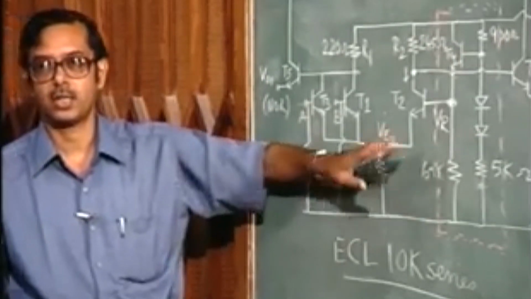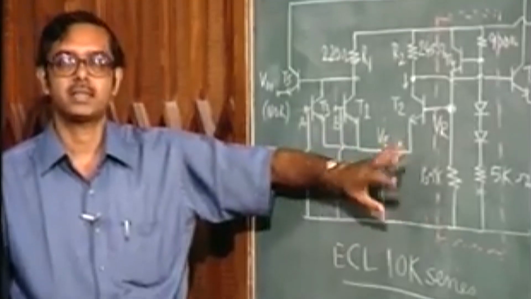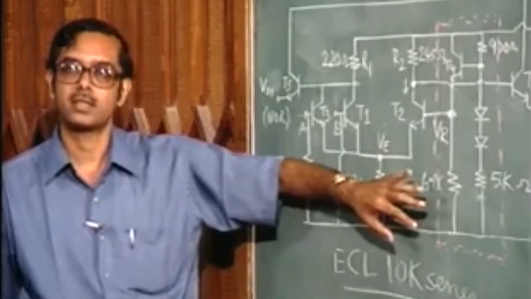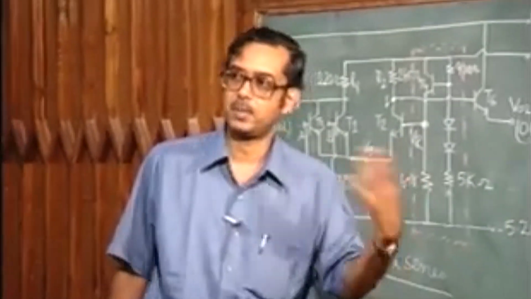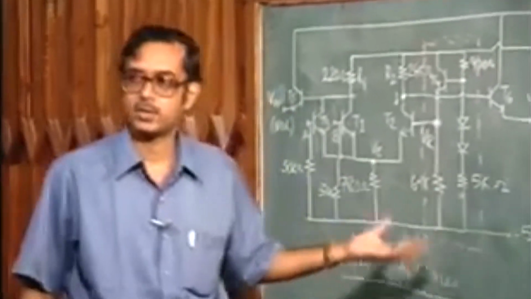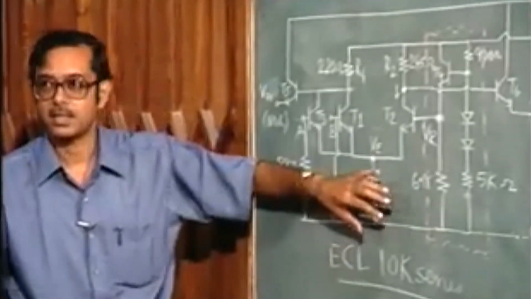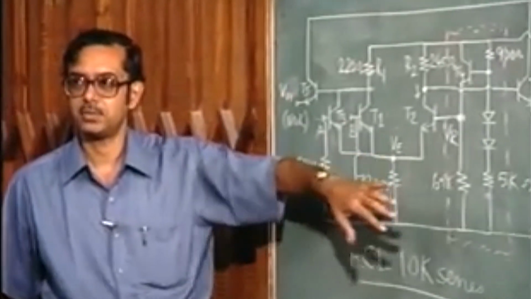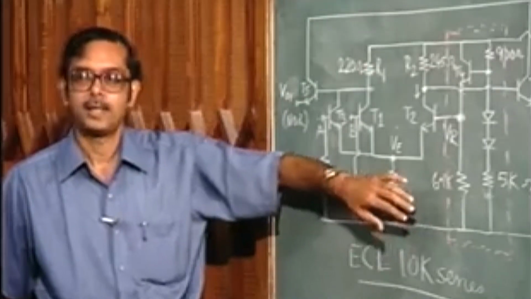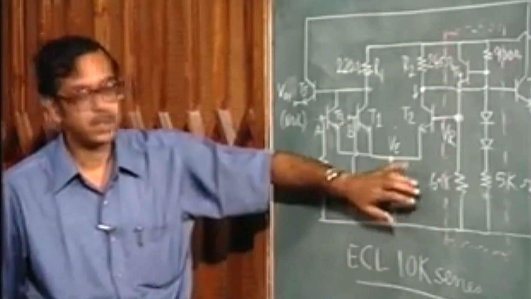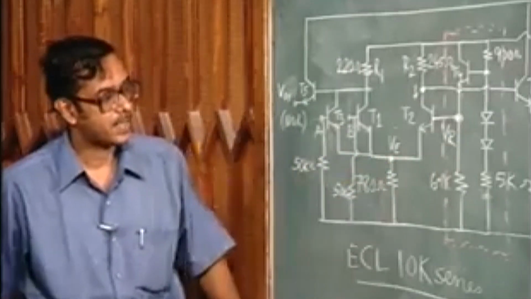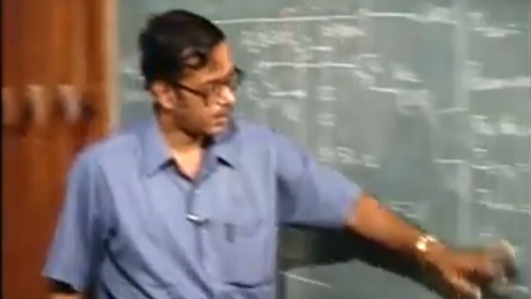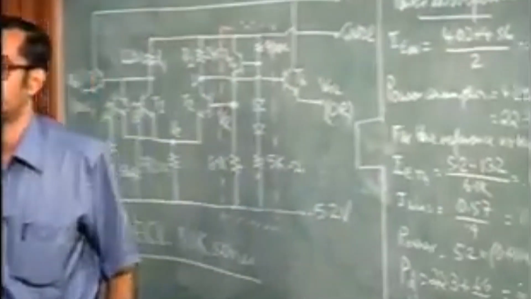So, you should not compare with the second generation of TTL gates. Advanced Schottky TTL is faster, but it is an unfair comparison. Because this is actually the first generation, we will come to the next generation characteristics, which is superior to advanced Schottky TTL. So, these are the characteristics of this particular gate.